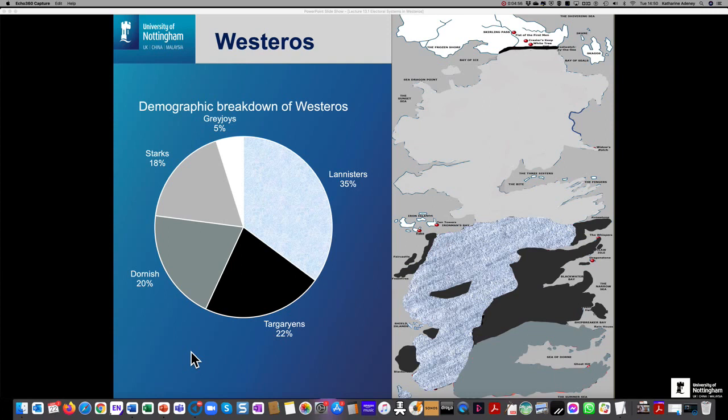So here is Westeros. You can see that this is a very ethnically divided society. No family has a majority of the population. And this is similar to many countries of the world, Ethiopia, Kenya, Afghanistan and Bosnia-Herzegovina, to name just four.